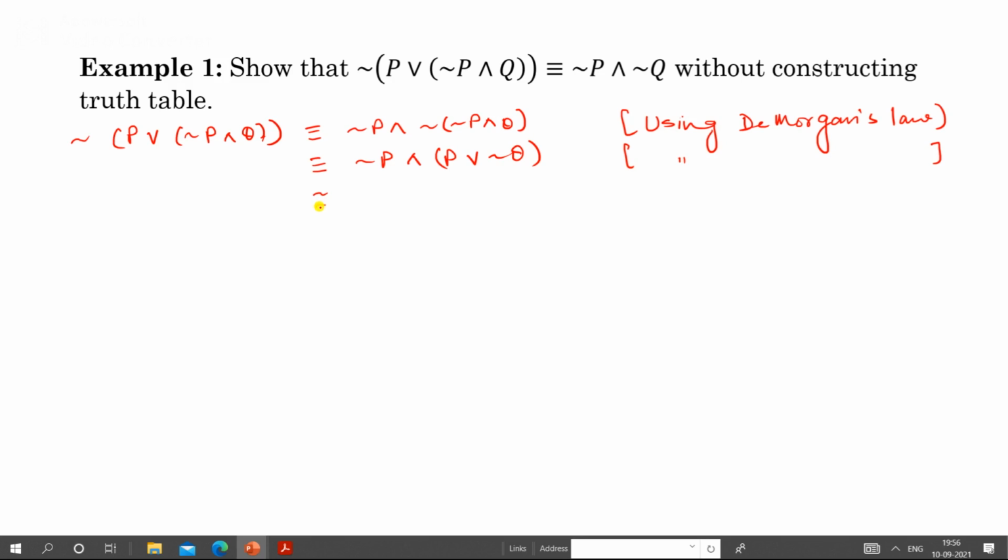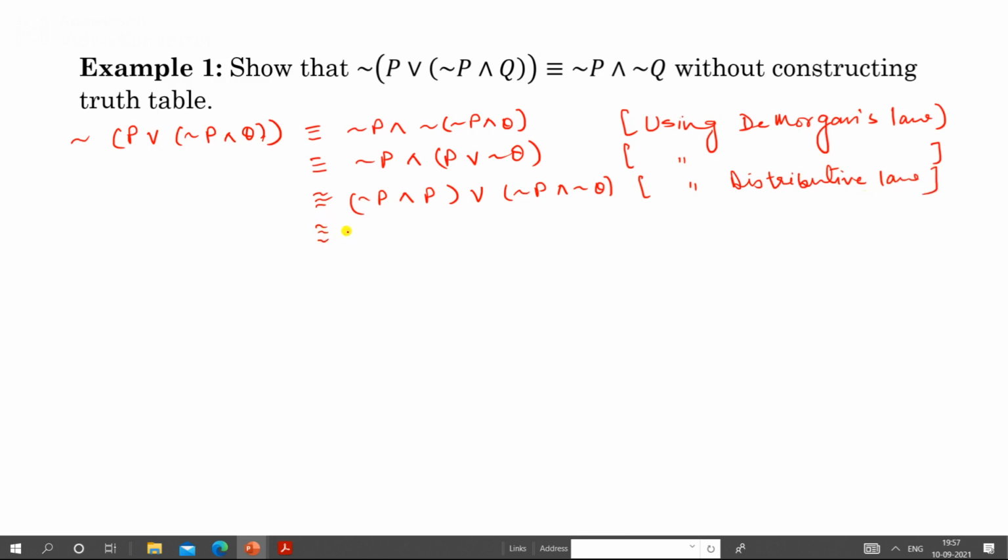Now this is equivalent to, here I can use distributive law. So if you apply distributive law, this is negation P and P, or negation P and negation Q. So you can write it using distributive law.